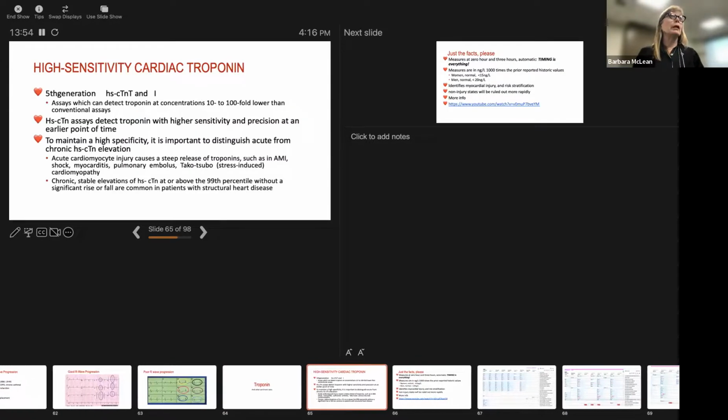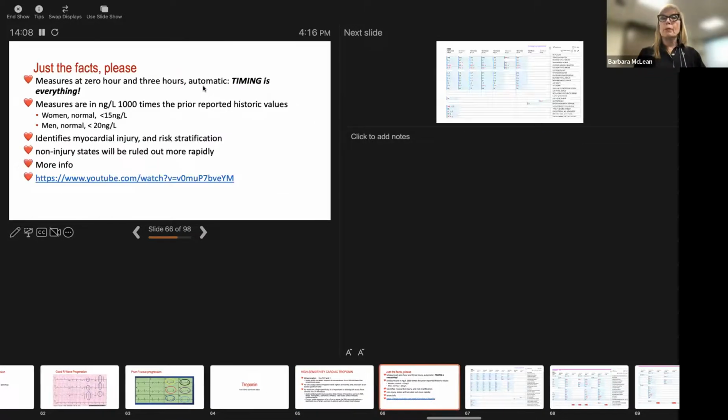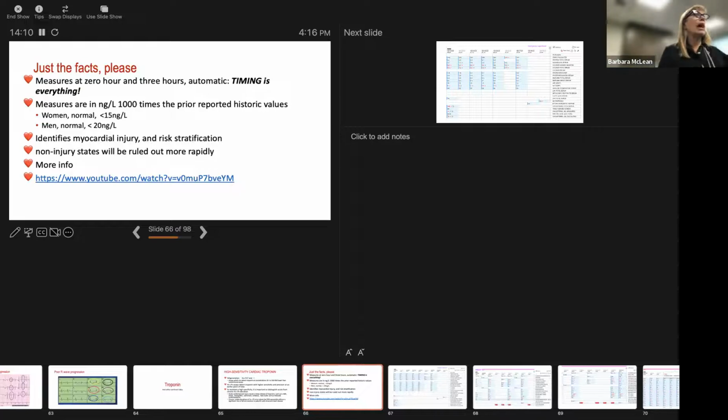It's really, really important. Here at Grady, we do high sensitivity troponin, and it's really important to appreciate it. It's the same troponin you always measured, just diluted differently. It's exactly the same troponin you have always measured. So here are the facts.